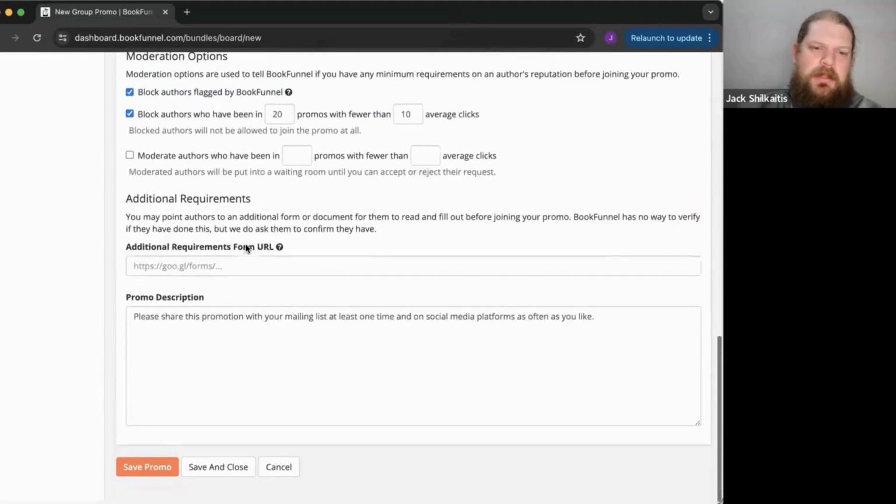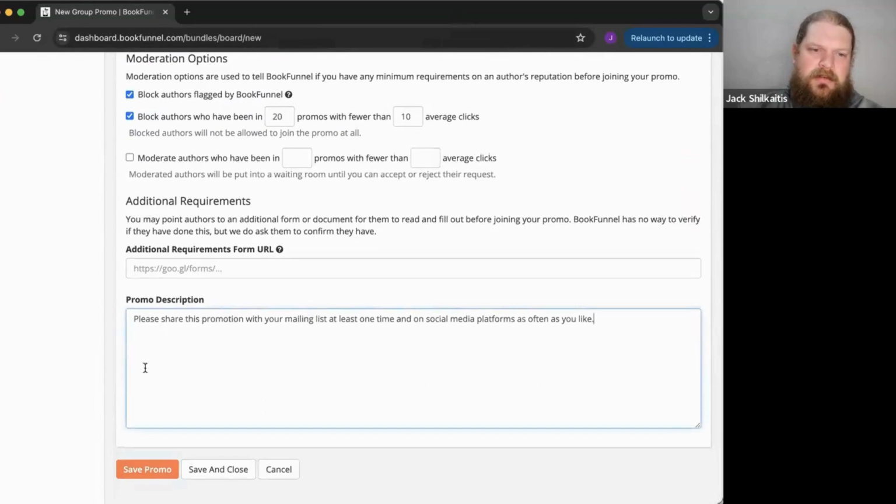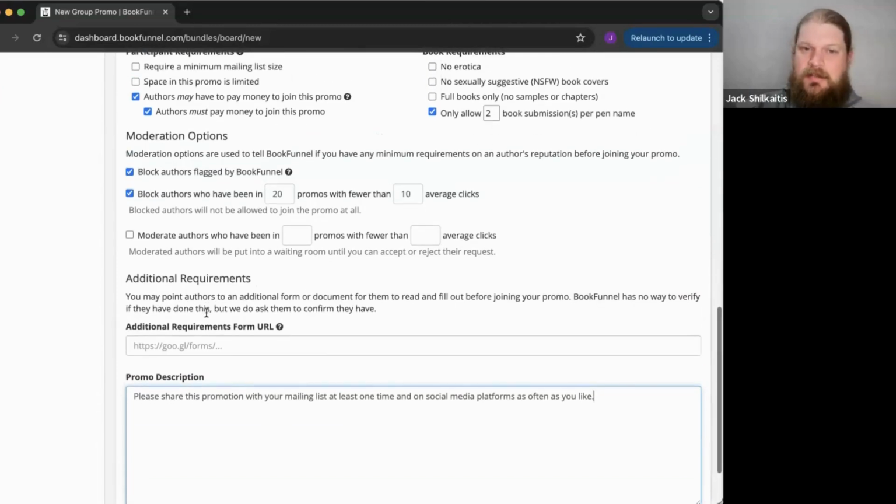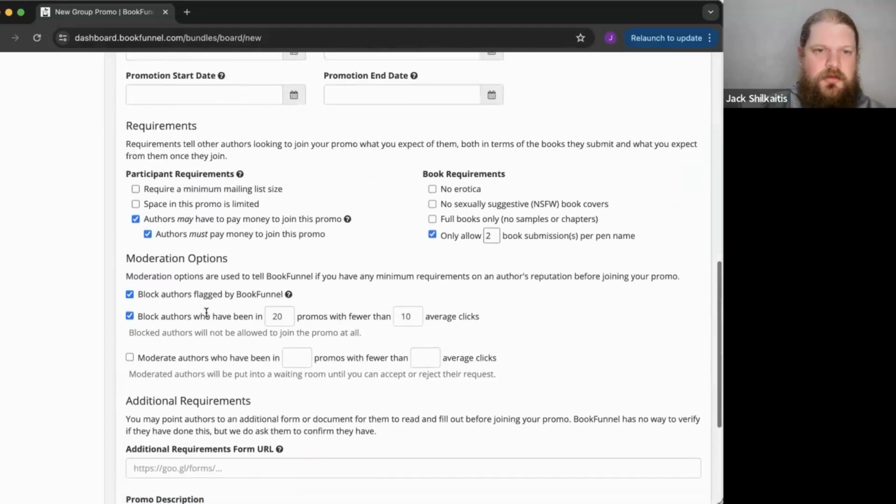And then obviously I would make sure that you put in any details here in the promo description. This is where you can include a link to a Google form. So this is an additional requirement. When somebody joins a promo that has a link here, it will show them that link and ask them, hey, did you go check out the Google form and make sure you did that first before you join?